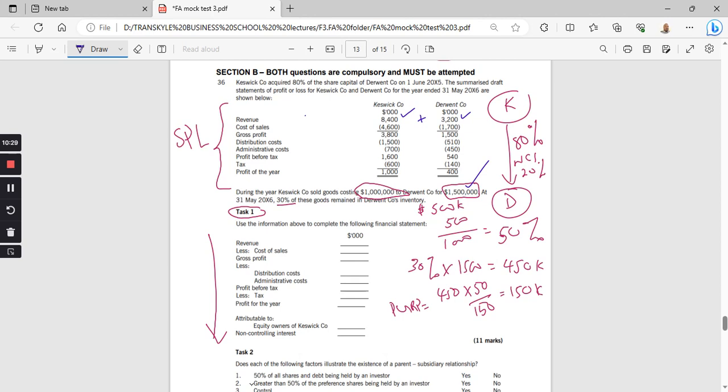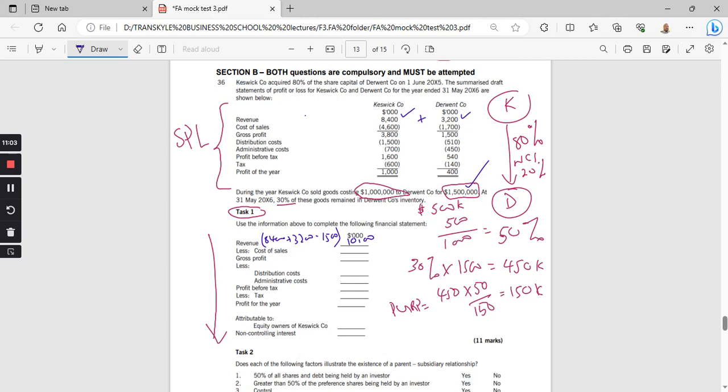So for our revenue, we say 8.4 plus 3.2 minus 1.5. Let us use our calculators. That's 10.1. Remember the figures are in millions, so that's 10,100,000.